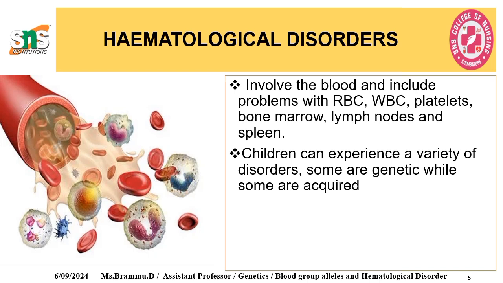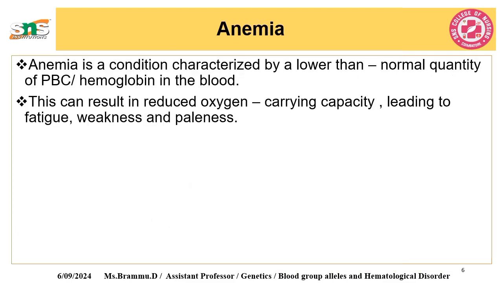Children experience a variety of disorders, while some are purely of genetic origin and some are of hereditary origin. What are the causative factors for developing hematological disorder? It can be divided into anemia, bleeding disorders, as well as blood cancers and blood clots.